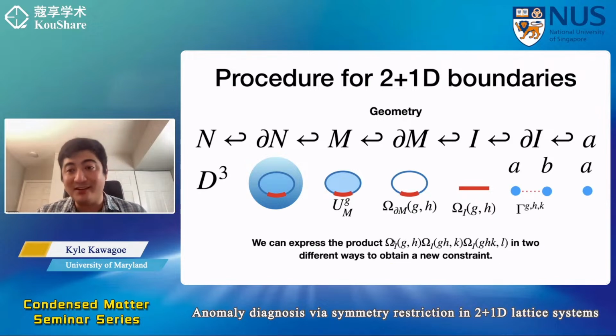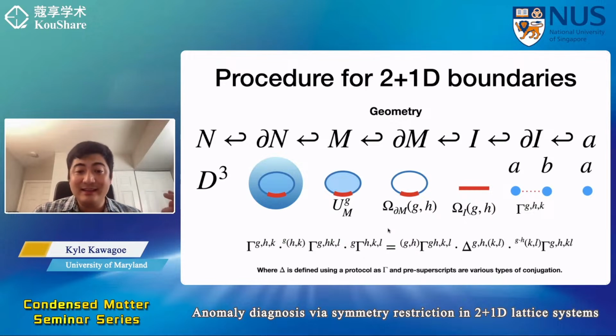So in particular, if you write the product of omega I, so GH comma K, and GHK comma L in two different ways, which I won't show you how to do because it's really long. But if you express this in two different ways by reducing these products of omegas into gammas, what you arrive at is another relation.